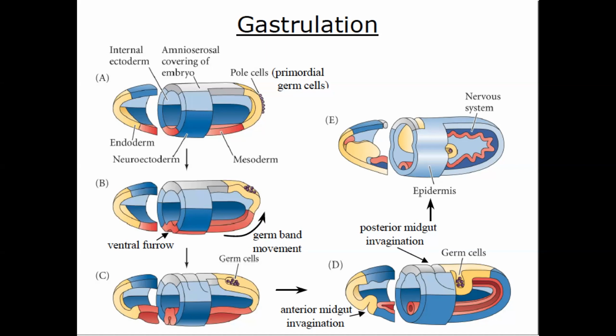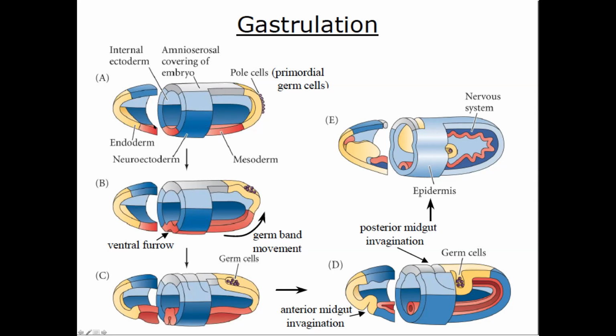Now, the way gastrulation happens in Drosophila is what this picture shows. All the colors here imply different germ layers, but they're not being defined as of now. It's in the process of gastrulation.